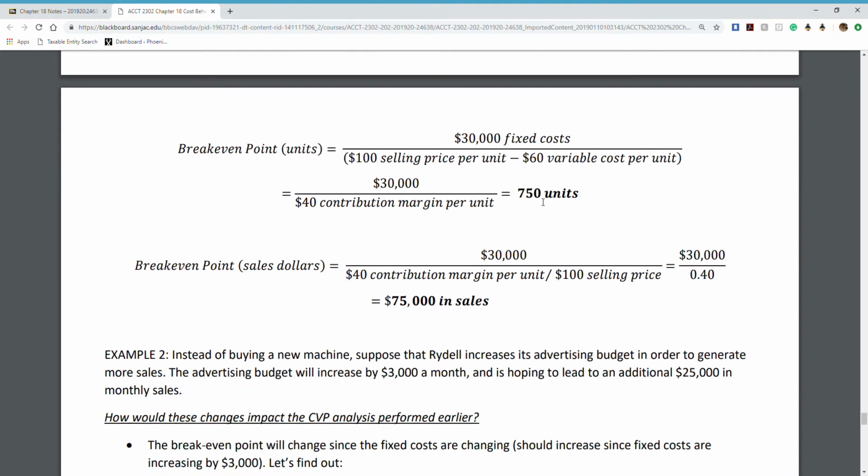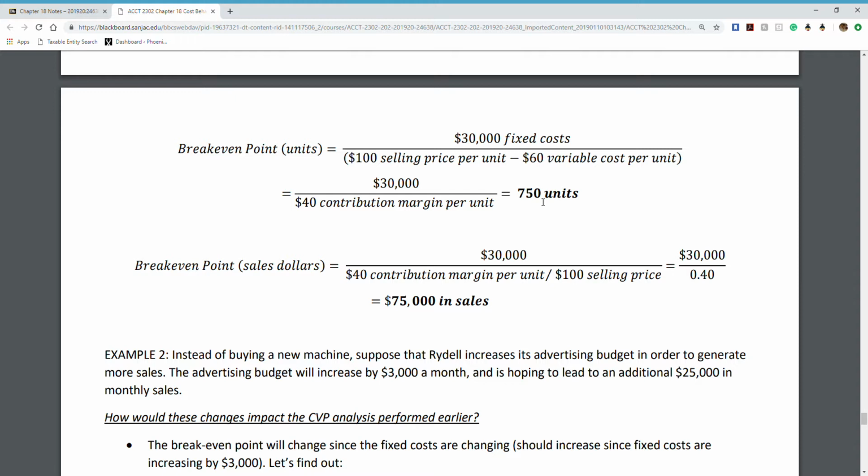When we do this, all we have to do is take our formula, the fixed cost, divided by the contribution margin per unit. The fixed cost, of course, increased to $30,000. The contribution margin has also increased. It's now $40 because we lowered our variable cost. Dividing those two, we find out that all we have to do now is produce 750 units.